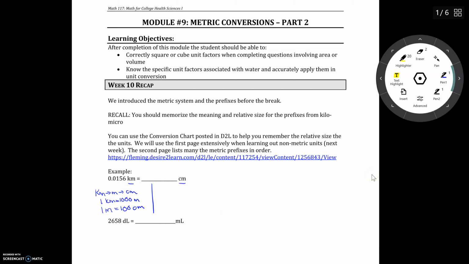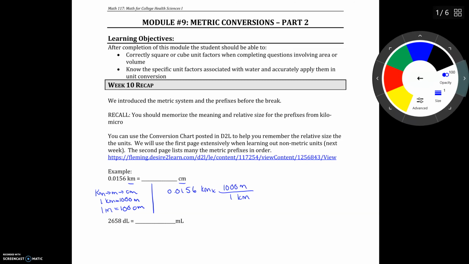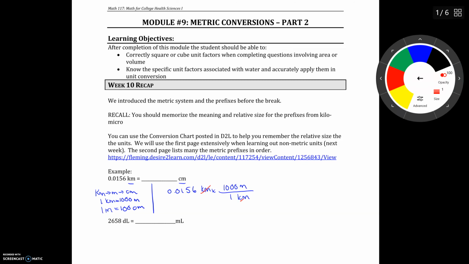So if I want to convert 0.0156 kilometers to centimeters, I can set up my conversion factors so that my units cancel. That means I'd start with kilometers in the denominator because that's my starting unit, and then it would cancel, and then I could go from meters to centimeters, and I'd set up my conversion factor. 1 meter is 100 centimeters.